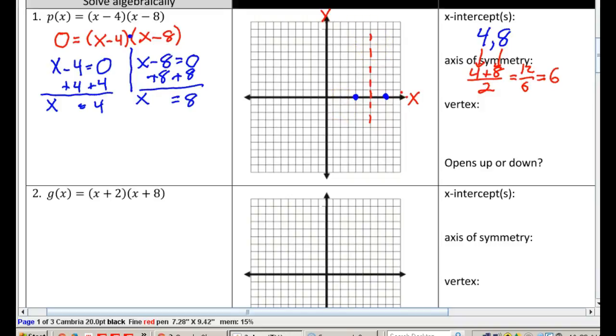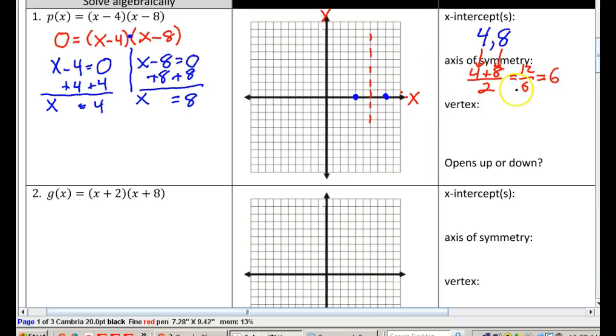Now, this only tells us that the vertex is somewhere on this line, but it doesn't say exactly where. We don't know if it's up here, here, here, here, way down here off the graph. We don't know. So here's the next step.